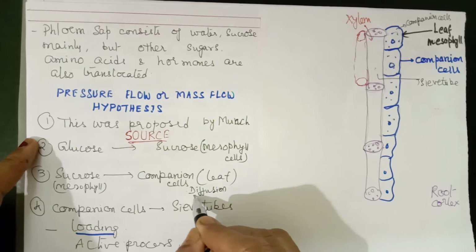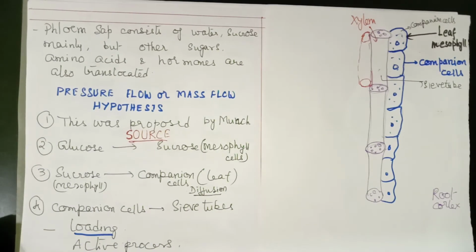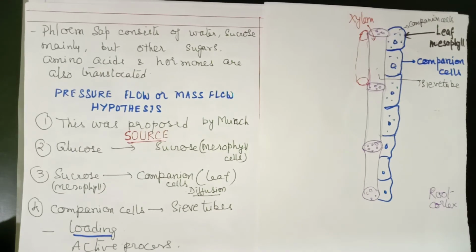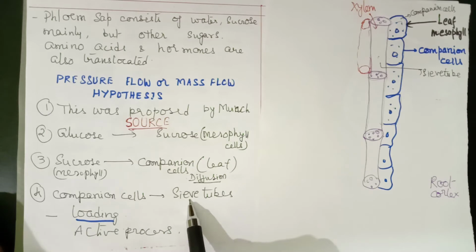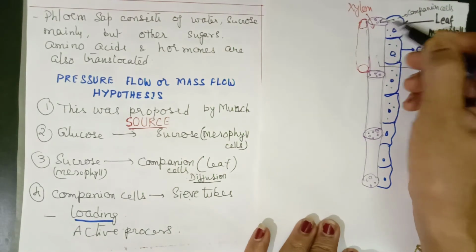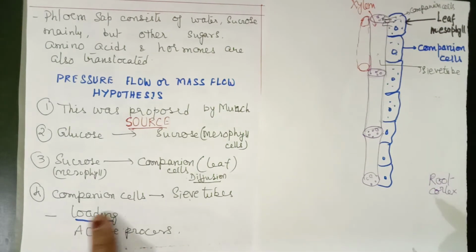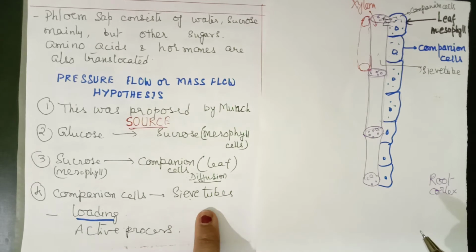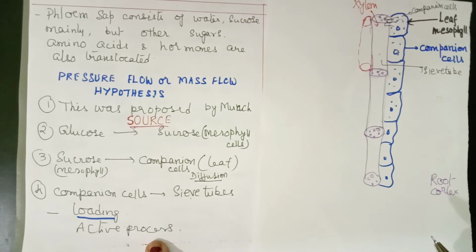Now, from the companion cells, the food will be immediately transported to the sieve tubes. This process, where food is transported from the companion cell to the sieve tubes, is called the loading process, and it is an active process.